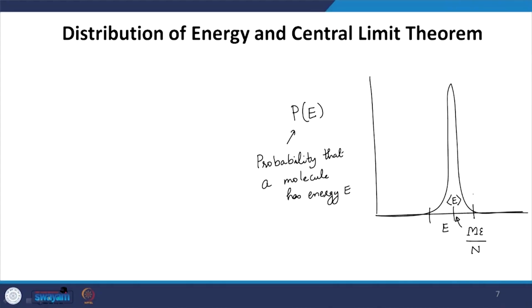So, what you will start to see as the number of molecules increases is that the fluctuation, let me call it something like a delta E, in the distribution will start to decrease as n increases, and fluctuation you can define in many ways.